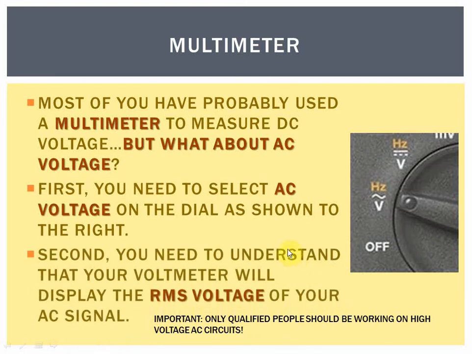And second, you need to understand that your voltmeter will display the RMS voltage of your AC signal. So it doesn't give you the peak value or the peak-to-peak value. What we see in the digital output of the multimeter is the RMS voltage.